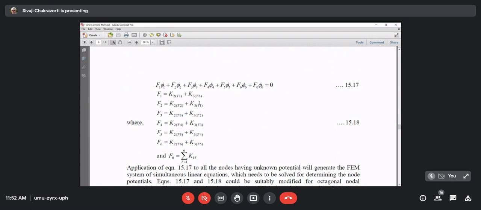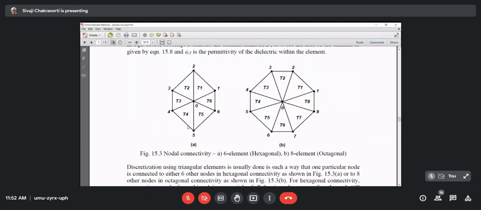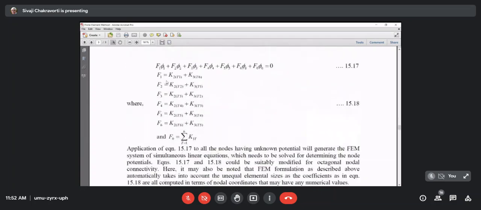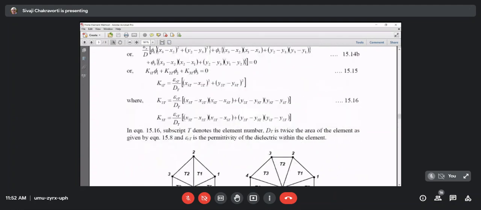In this way, all the 6 node potentials, phi 1, phi 2 up to phi 6, will have coefficients F1, F2, F3 up to F6, and they will be summation of 2 coefficients. And these 2 coefficients are as per equation 15.15 here on your screen.